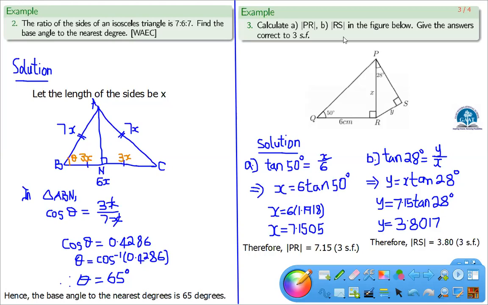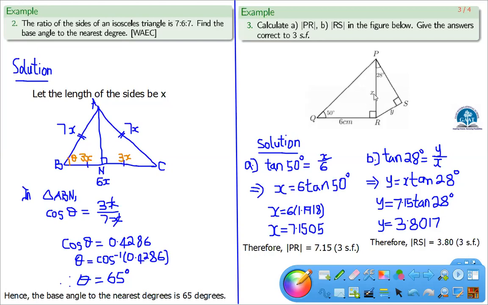Next we have the example 3 solution at the right side of the screen. It says calculate the length PR. So let's look at triangle PQR. The x there is the opposite side because it's the side facing the given angle, while 6 is the adjacent.